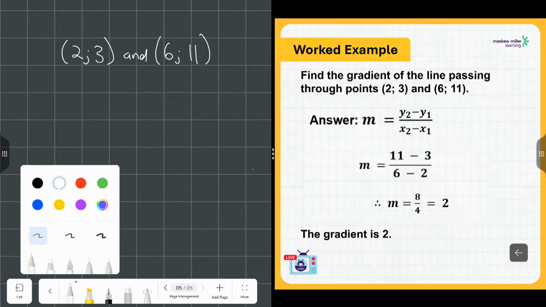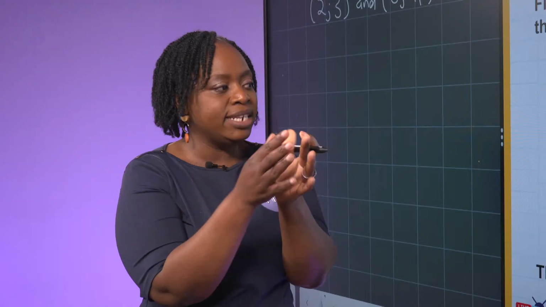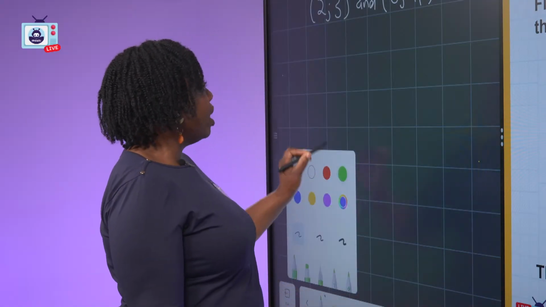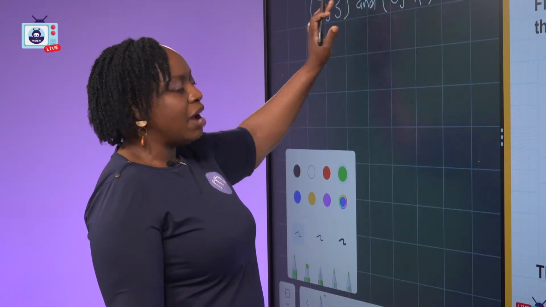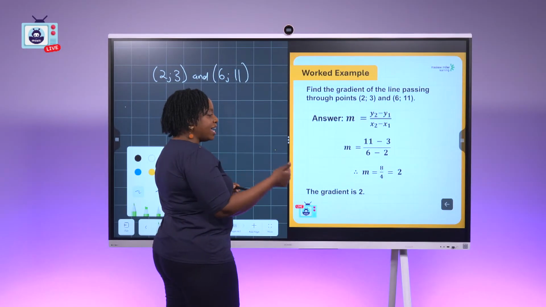If you recall very well, every time we write a coordinate, we write it in terms of x and then y, because x is the input and y is the output. So that's how we write it all the time. We need to have x before we can get y.